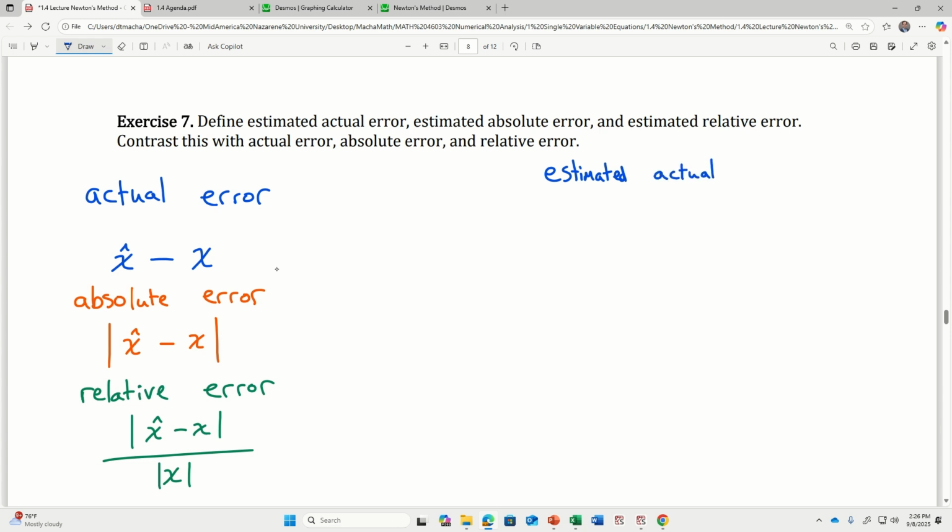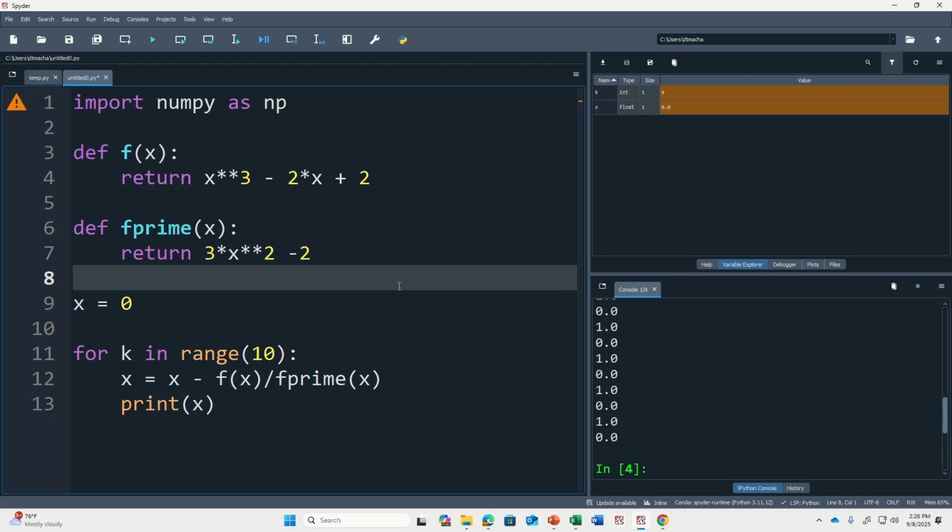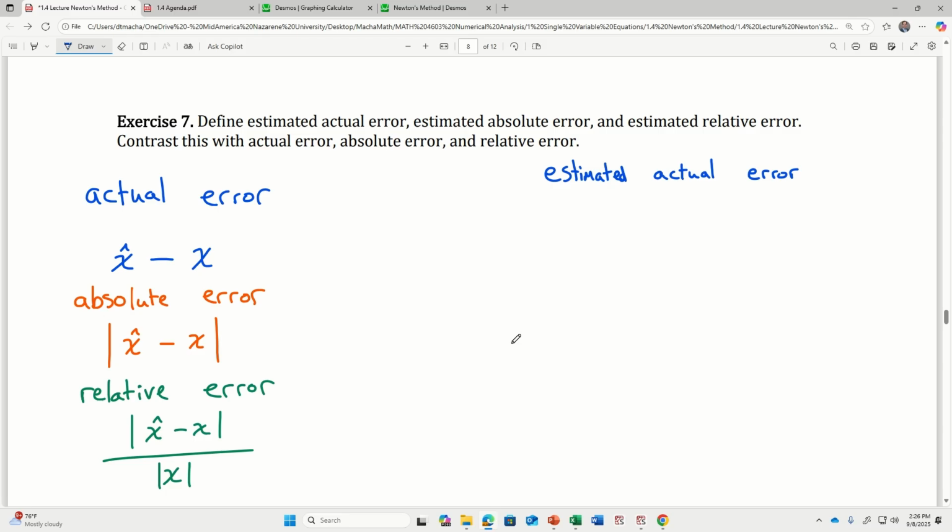So we were starting to talk about this while my Python program was loading. We have actual error, and then we have what's called estimated actual error. Because think about this. On each iteration of this loop, I have no idea what the real answer is. If I knew what the real answer was, then I could calculate actual error, because I need the real answer.